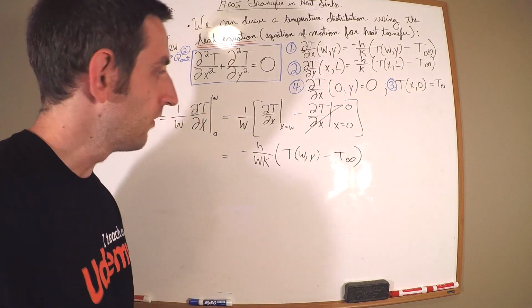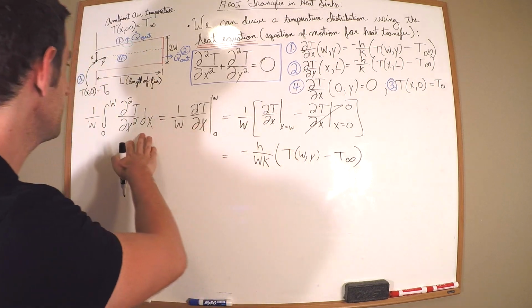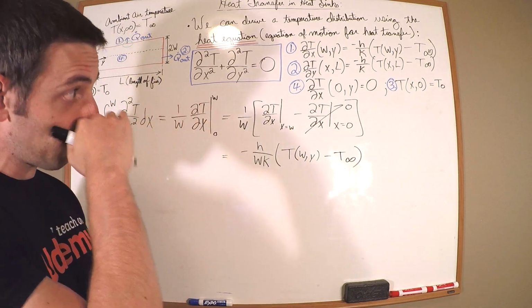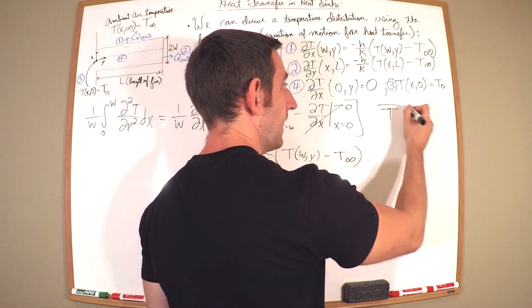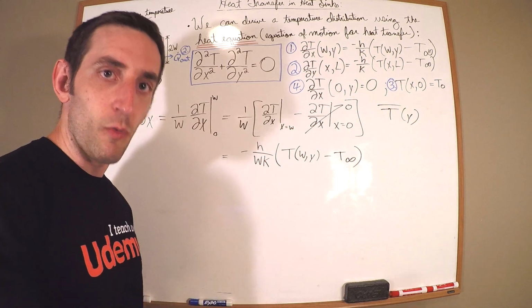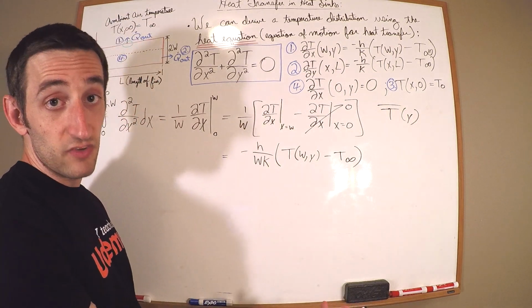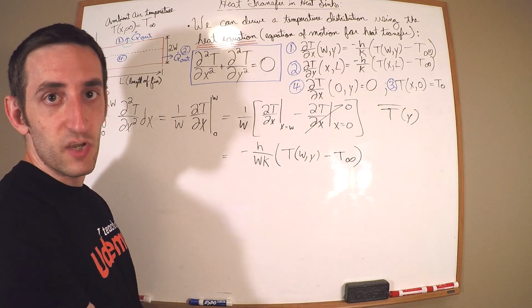All right. So what can we say about this? We want it in terms of the average parameter, T average sub y. But because the Biot number is very small, what we found earlier is that T at x equals w is equal to T at x equals 0. They're essentially equivalent.